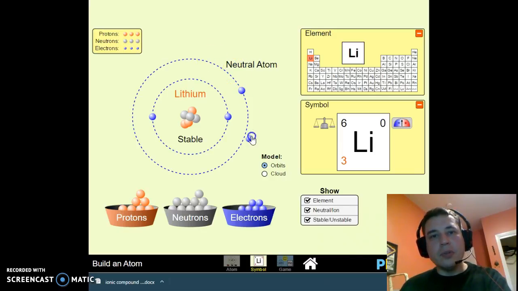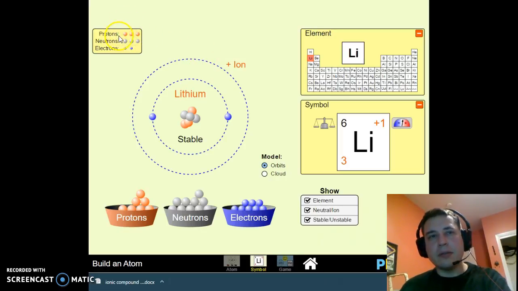If I remove that electron, it's going to become a neutral atom. The 3 negative electrons are canceling the 3 positive protons, and it is neutral. What would happen if I remove another electron? Well, now it has become an ion again, but now it is a positive ion. Notice it is a positive ion because it has 3 protons.